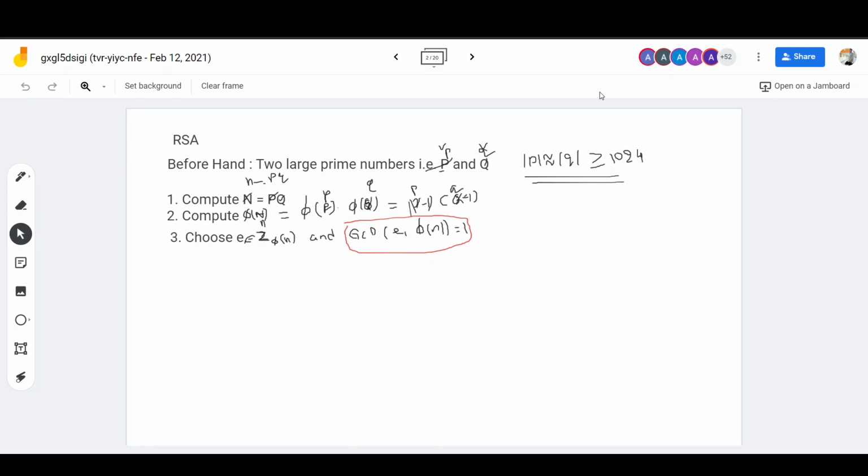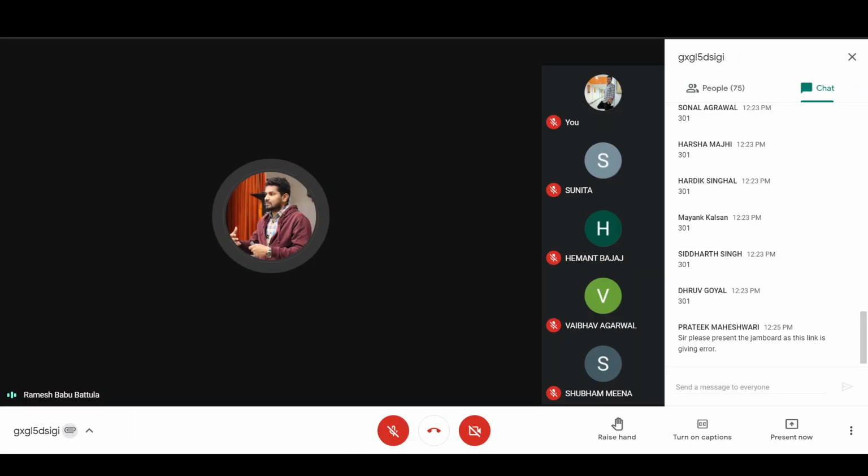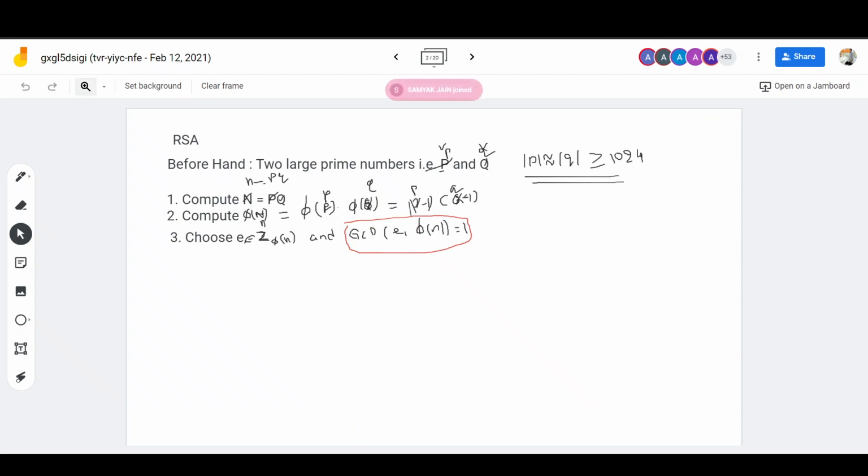I can see in this chat box. Oh, some people might not have this. Okay, link. This is the link you need to use.